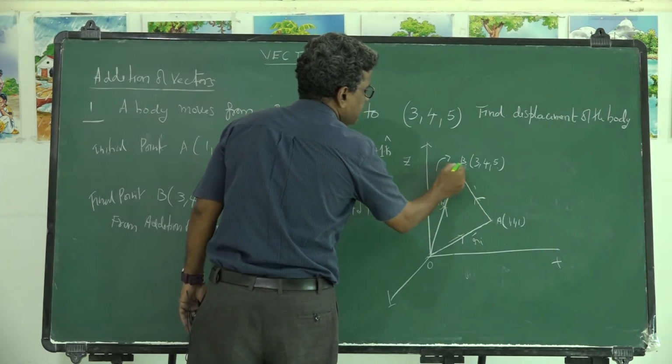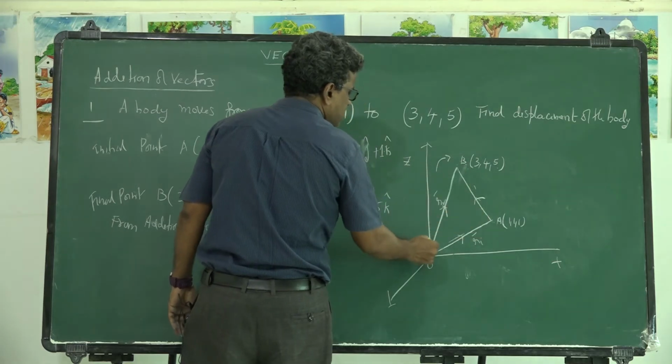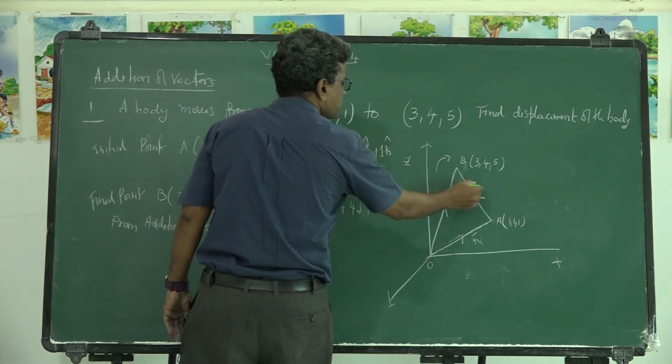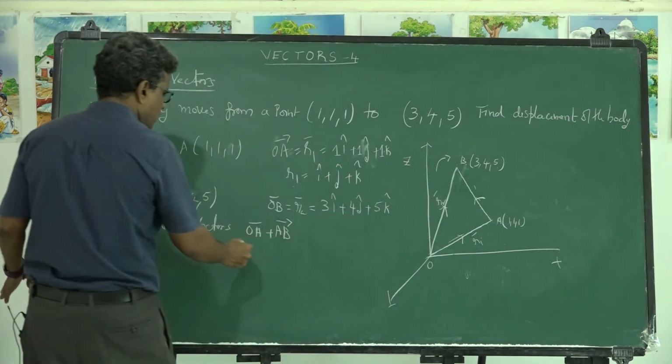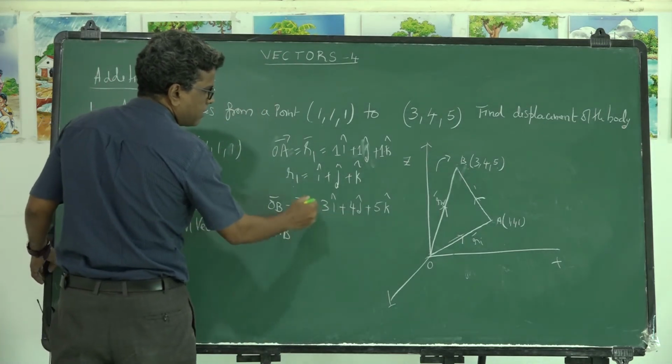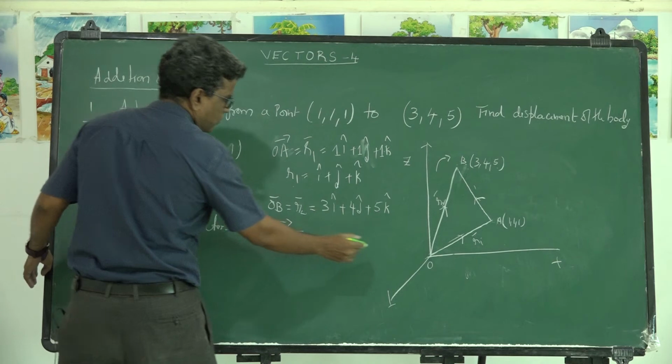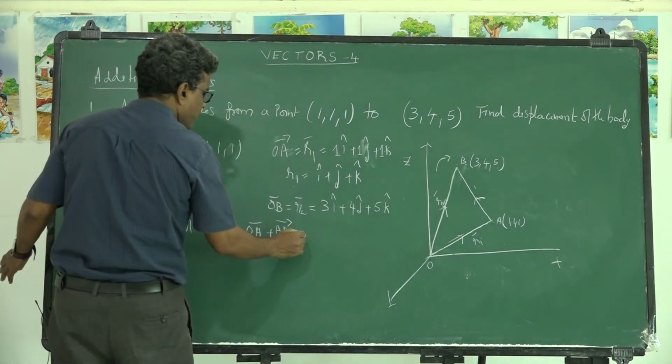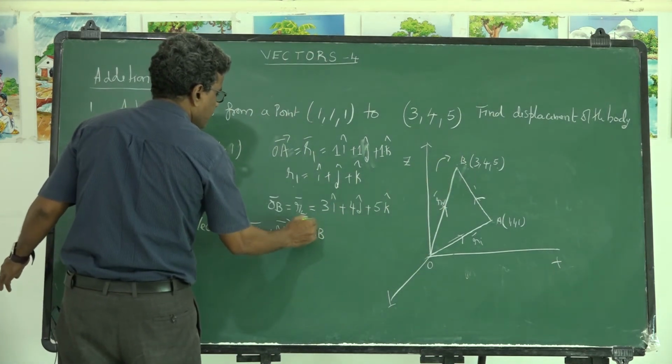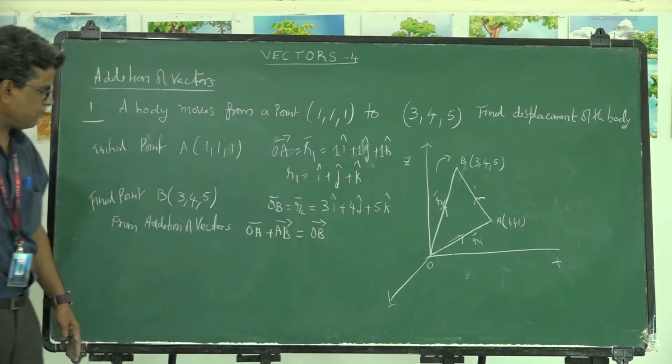This one is the second vector and this one is the resultant of these 2. So OA bar plus AB bar is equal to OB bar. This is from the triangle law.